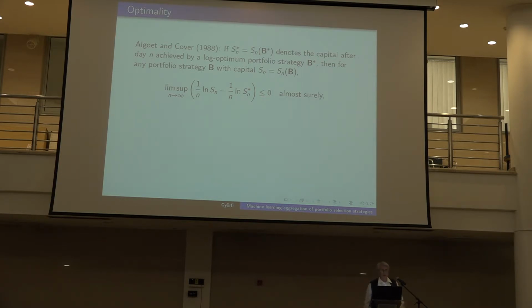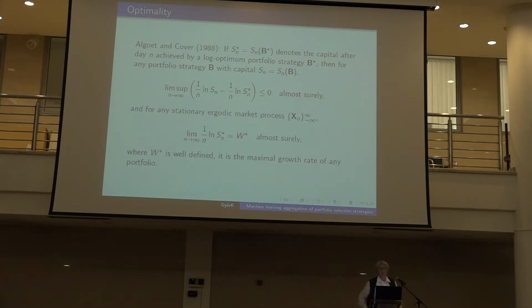And this optimality of Paul Algoet and Tom Cover says that along almost all realizations, the arbitrary strategy cannot outperform the log optimum one. So it is not just an optimality in terms of expected log utility. It is a very strong statement. With probability 1 along all realizations of the market process, the log optimum portfolio will win.